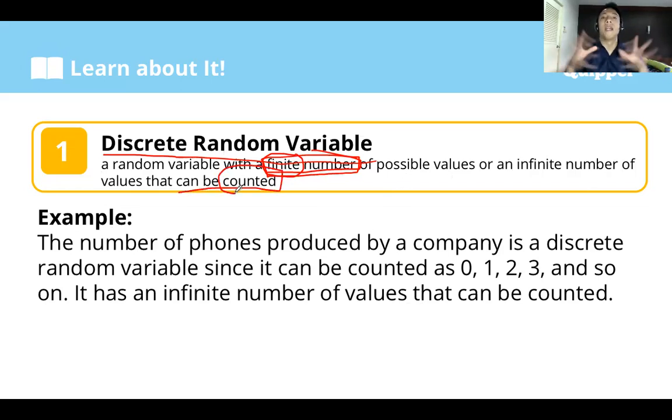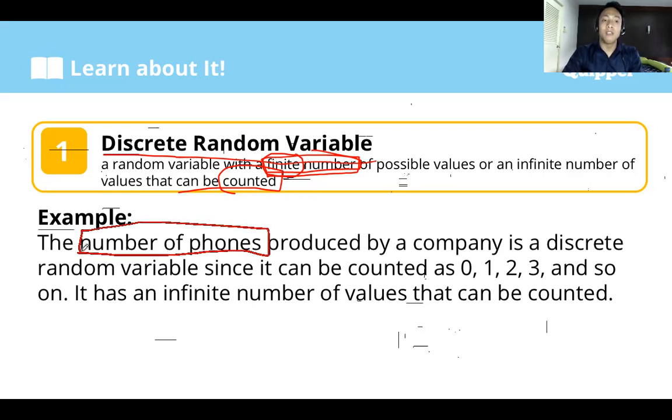Nabibilang. Pwede mabilang sa daliri sa kamay at sa paa. It's counted. For example, the number of phones produced by a company is a discrete random variable. Why? Because we are just counting the number of phones.